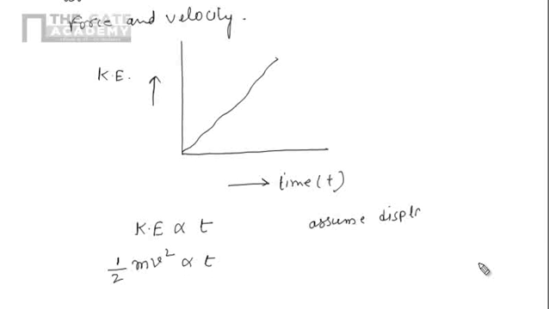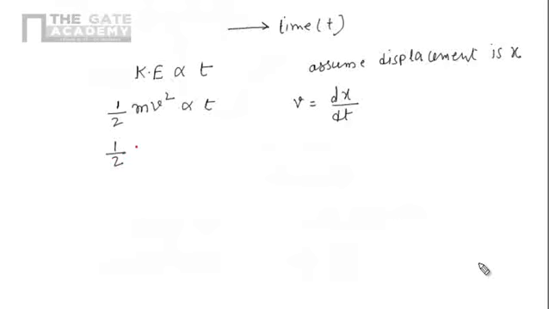Suppose or assume displacement is x. For velocity, we can write dx by dt, which is nothing but the rate of change of displacement with respect to time. So here I can write dx by dt in place of v, so 1 by 2 m (dx by dt) square is directly proportional to t.